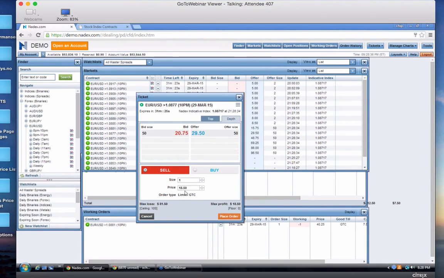I would be short at a price of 1850. I want the underlying to finish below the strike. I'm short. So my risk is to the upside, so it's 1850 to 100, and that's why my cost is 8150.